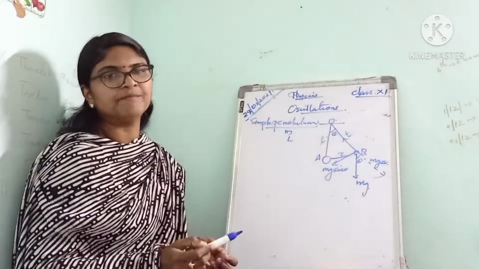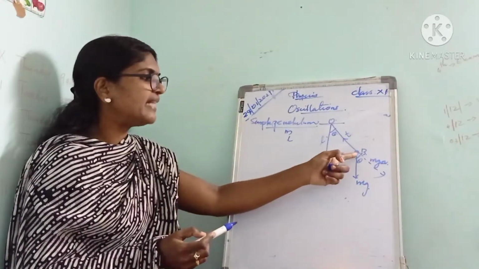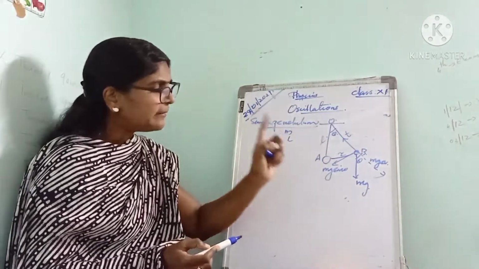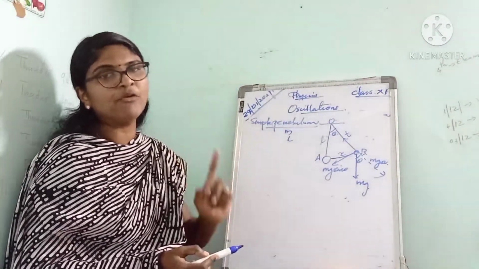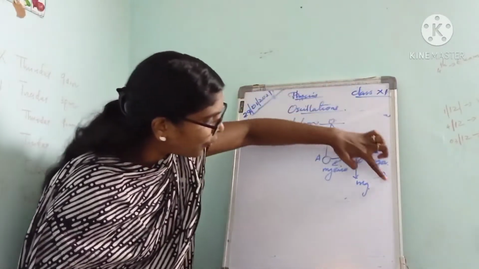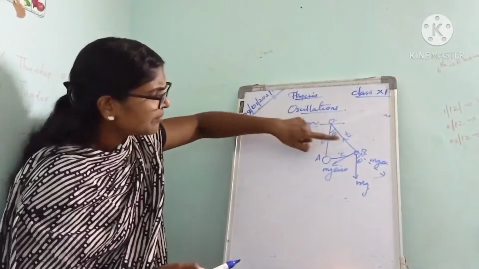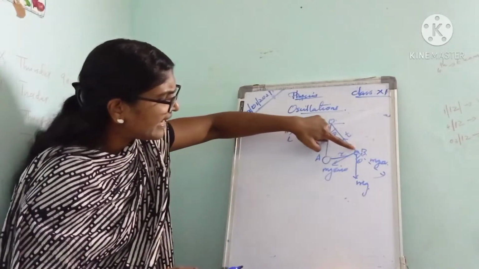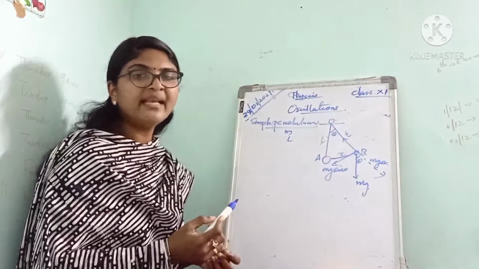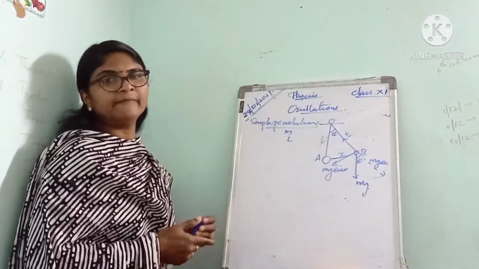Here the weight of the bob acting vertically downward is mg. This mg can be resolved into two rectangular components: mg cos theta, which acts along OB, and mg sin theta, which acts along the tangent of BA.